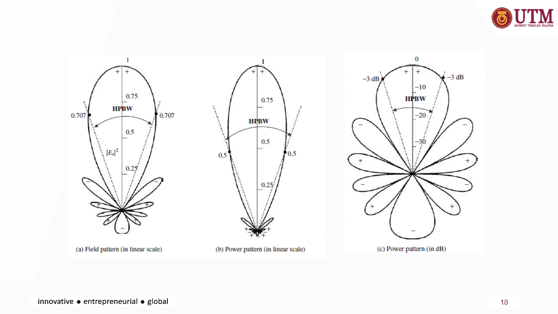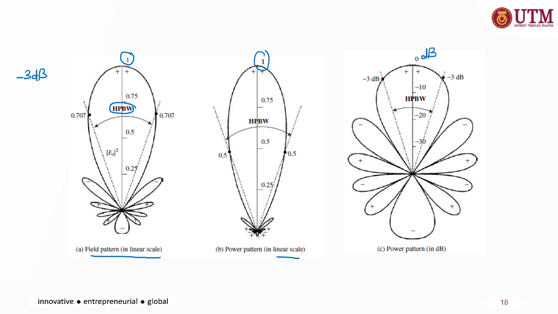Okay, this is the field pattern in linear, in which it is the normalized value. Same goes for the power pattern, normalized value in linear scale, and this is in dB scale for the power pattern. For the field pattern in linear, the maximum radiation is 1, and the HPBW half power in dB is -3 dB.